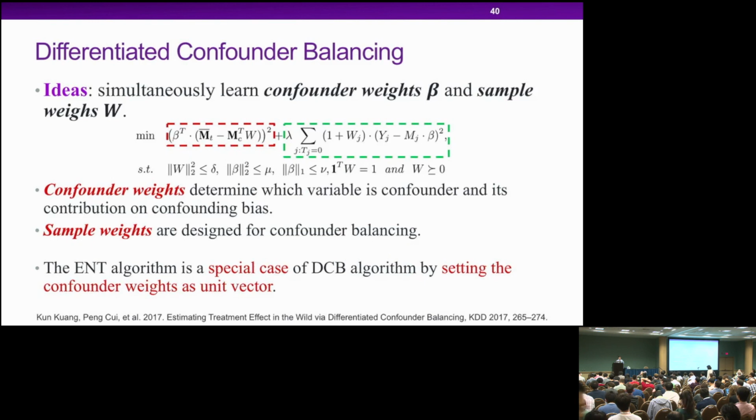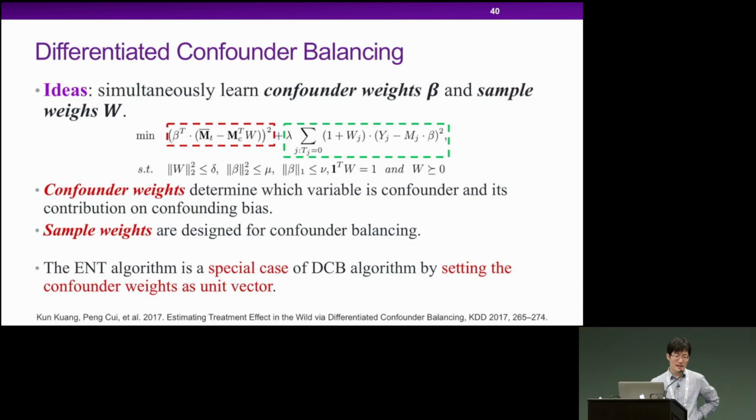Okay. I have another question. What does ATT mean? ATT means the average treatment effect in the treated group. For example, if you try to test the effect of a medicine for a disease, you just want to measure the average treatment effect in the treated group, I mean the group of persons. Oh, okay.